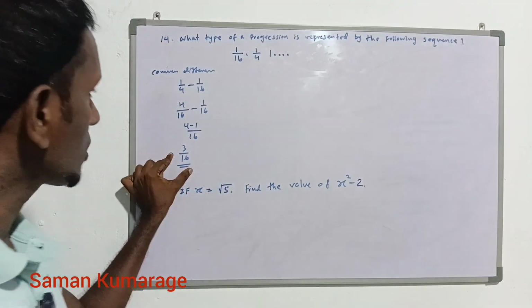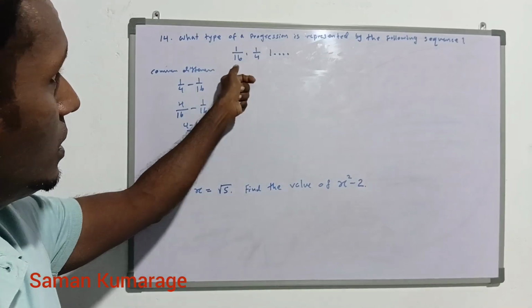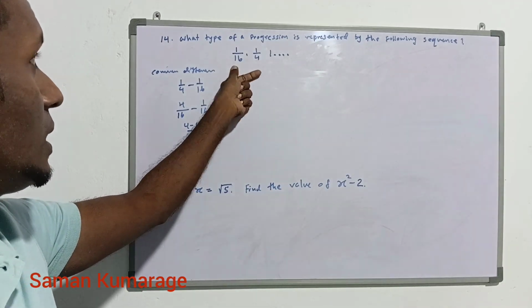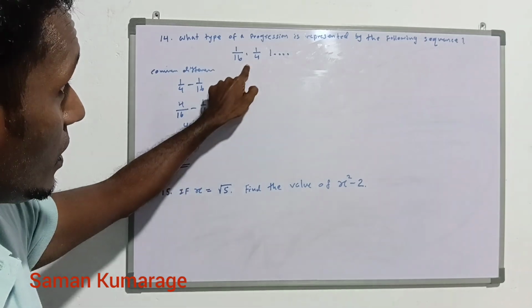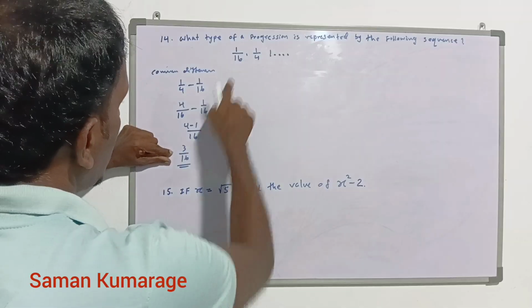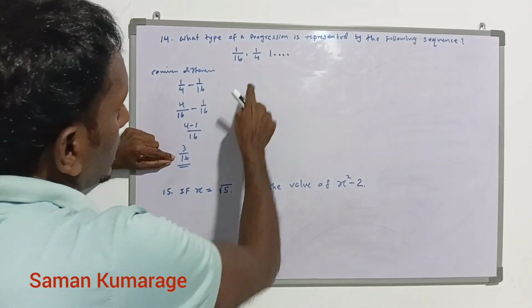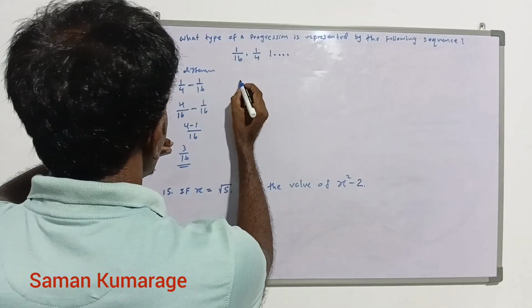Now by adding this common difference to the first term or any term, we can see whether we can get the value of the next term. Let's add this common difference to the first term and see whether we can get the second term.